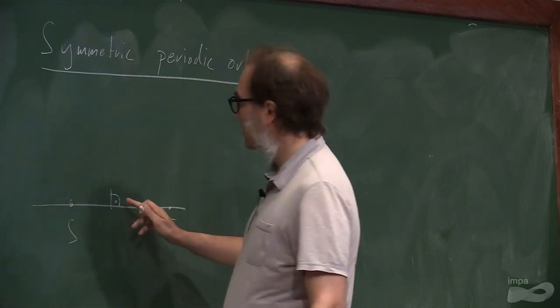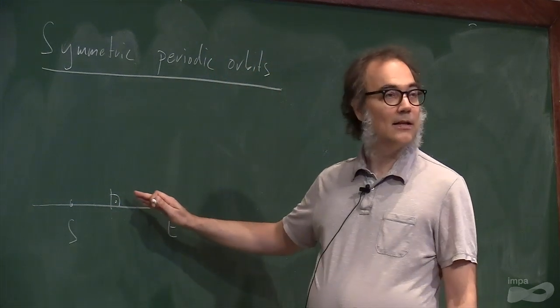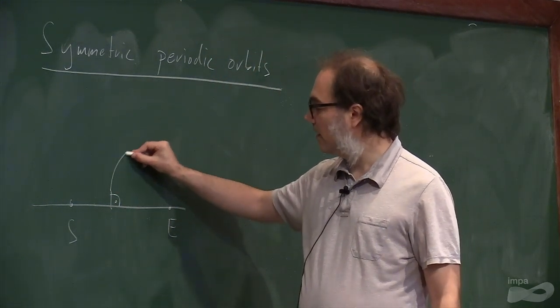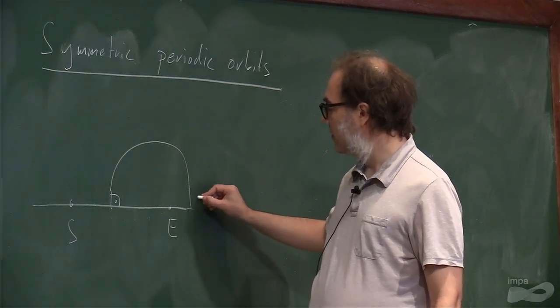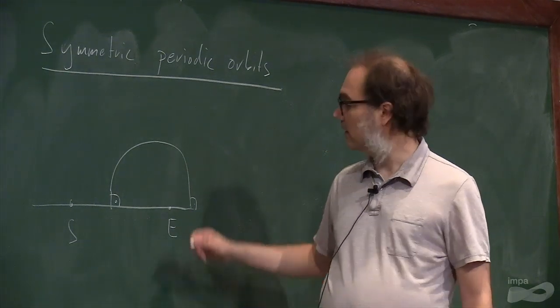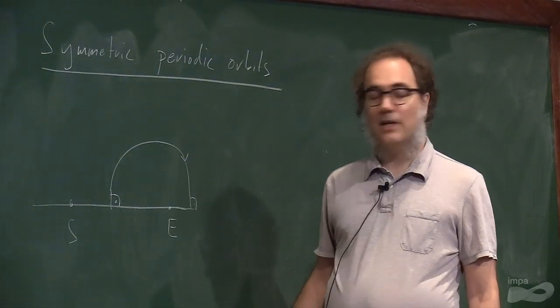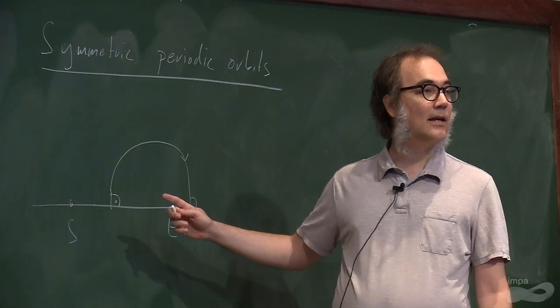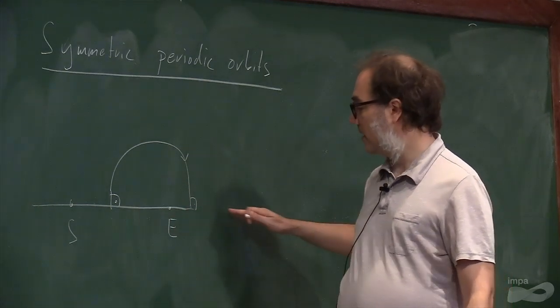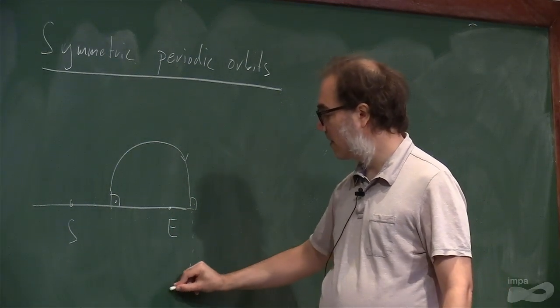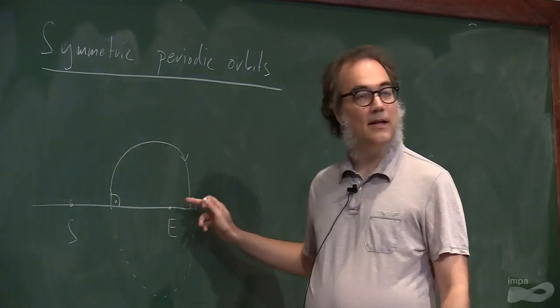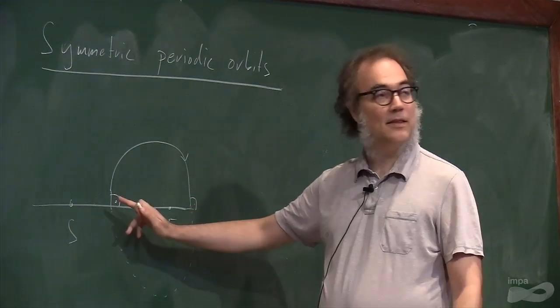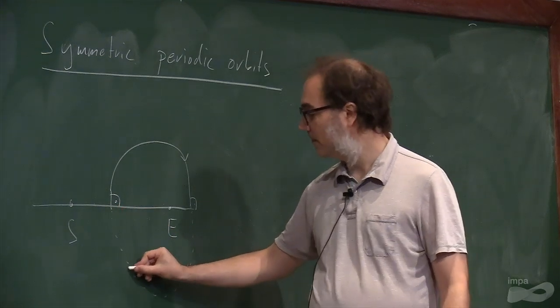We start here perpendicularly, and we end perpendicularly. Then we can use the reflection at the x-axis and flip, and we get a periodic orbit like this.